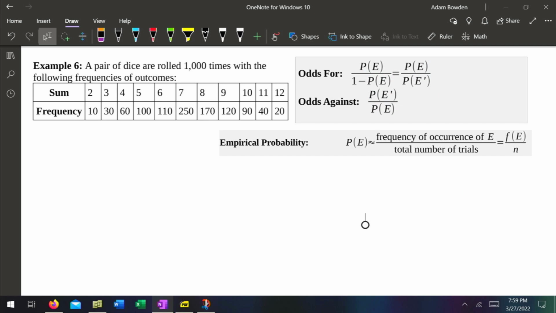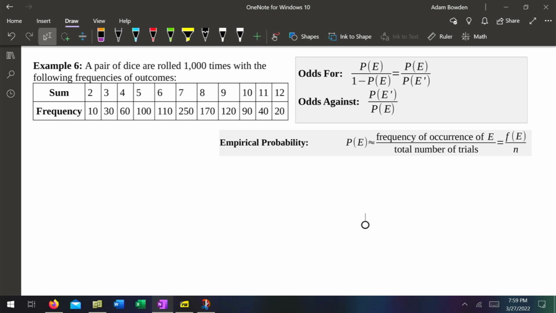All right, in this example, it says a pair of dice are rolled 1,000 times with the following frequency of outcomes. And as they record them here, they record the sum and the frequency, or how often it occurs. So they're adding up the 2 dice after they roll them.